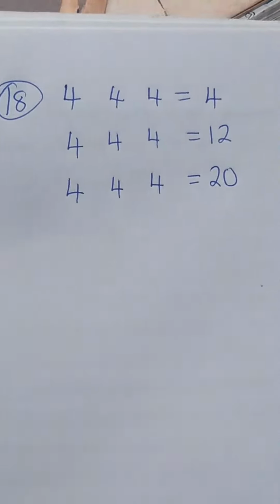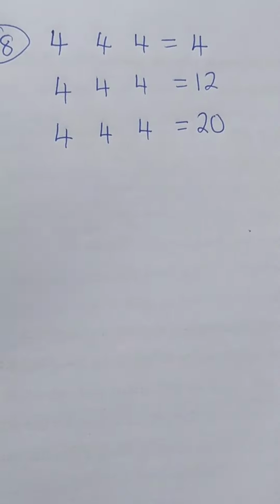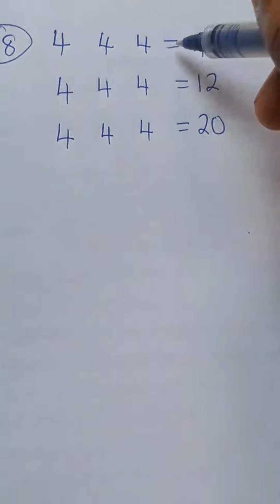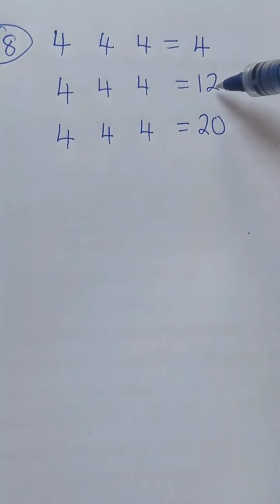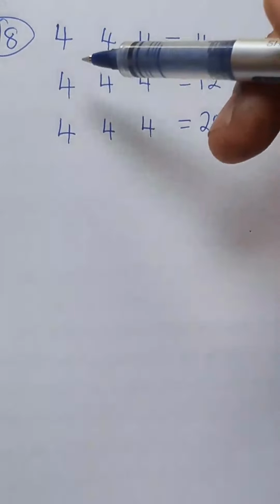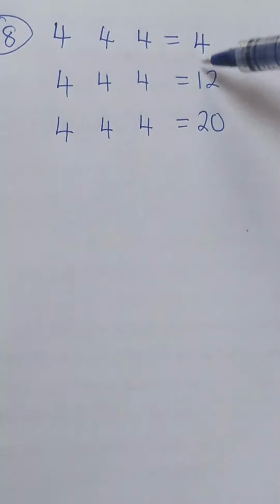Okay? Now, I'm going to show you how you do this. So pay attention, please. Even if you don't want to solve it, just learn it. Now, I'm giving 4, 4, 4, and it's 4 here. Here is 12. Here is 16.